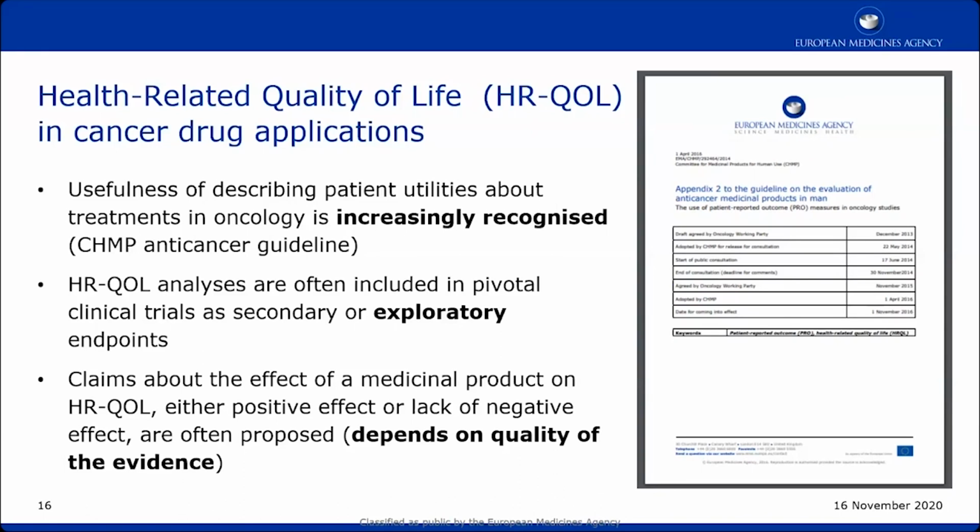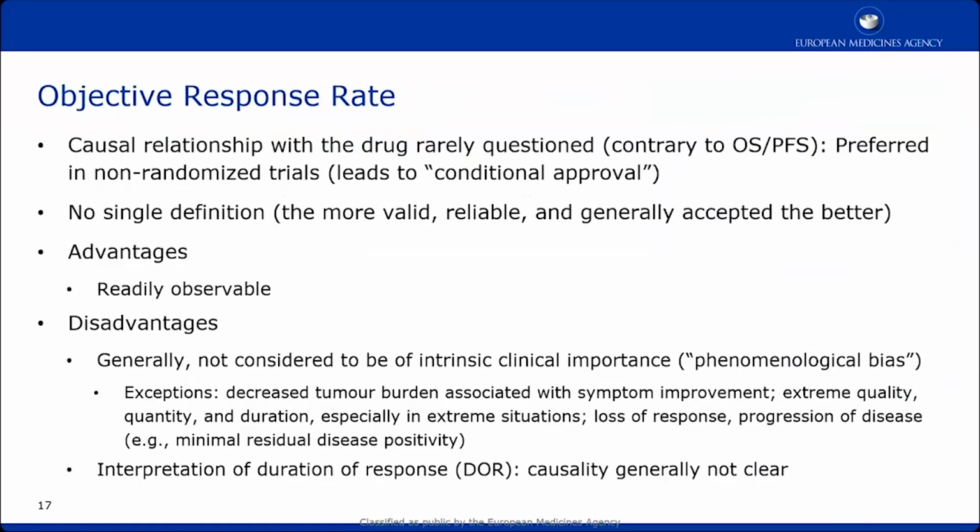We actually, Caroline, who is hosting this session today, organized together with the RTC recently a workshop on precisely this topic, seeing whether there is anything to be done in terms of facilitating or improving the use of these endpoints in the regulatory decisions.